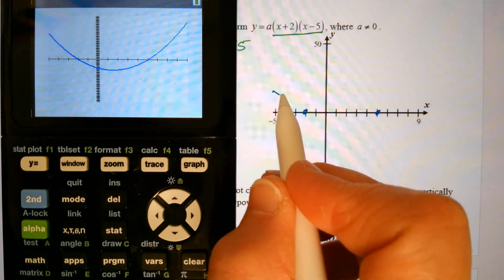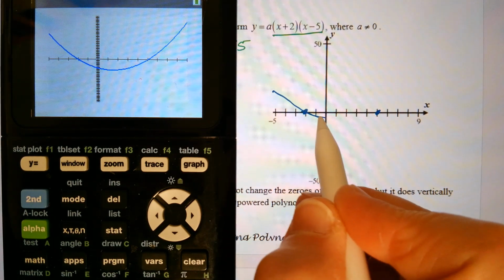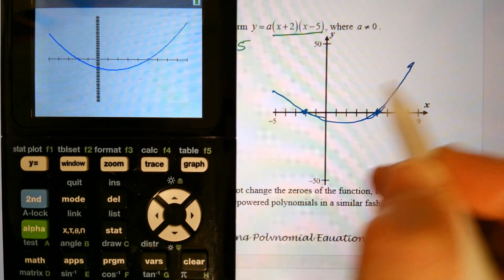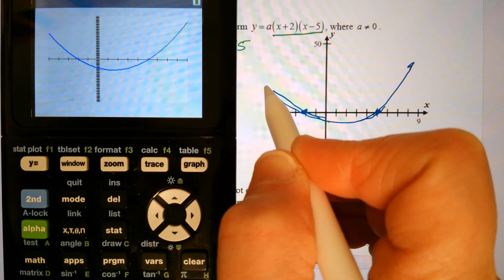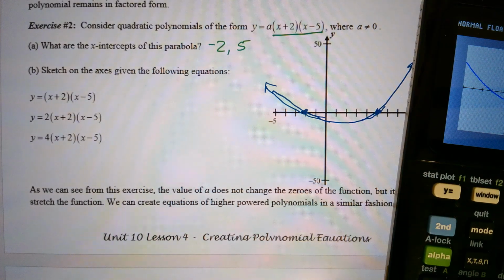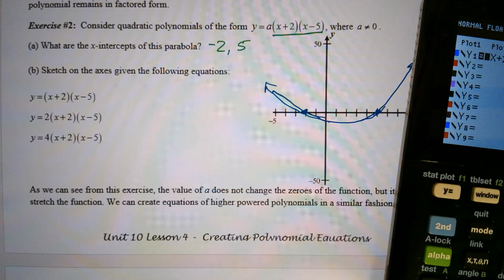So we got something that's a little similar to this. Red and then green.